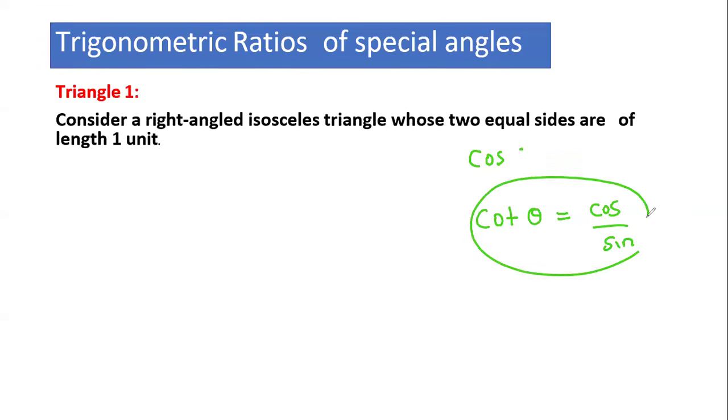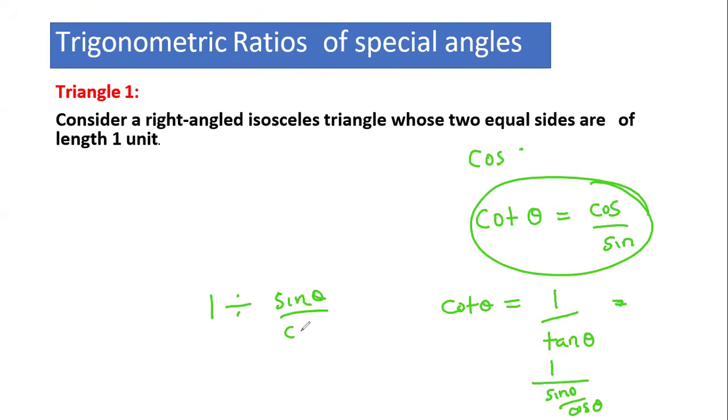So this is from the definition of what cot is. Because you know that cot of theta is the same as 1 out of tan of any angle. But you know that tan is the same as sine theta out of cos of theta. So when you do the mathematics, 1 divided by sine theta out of cos of theta, you end up with 1 times cos of theta out of sine of theta. So this is where it comes from. Okay, thank you, sir.